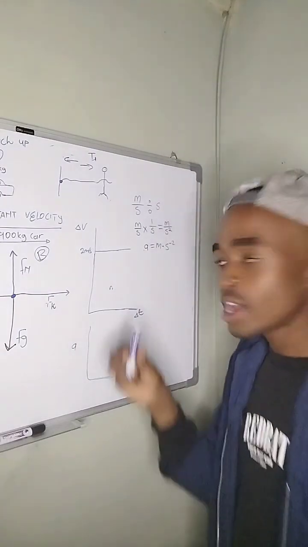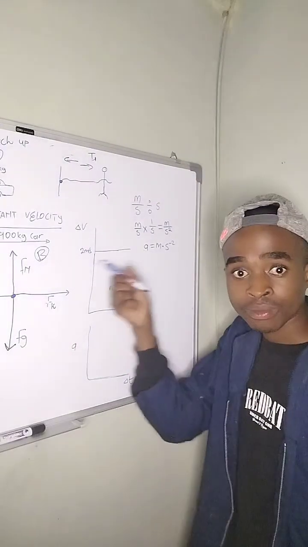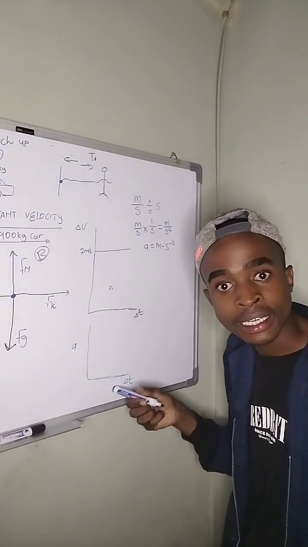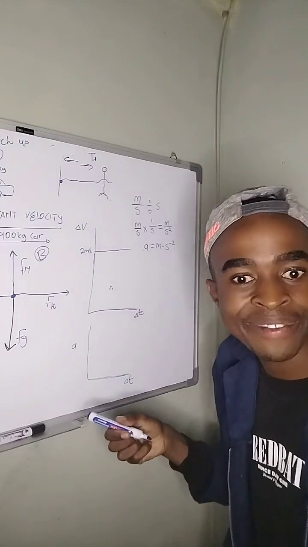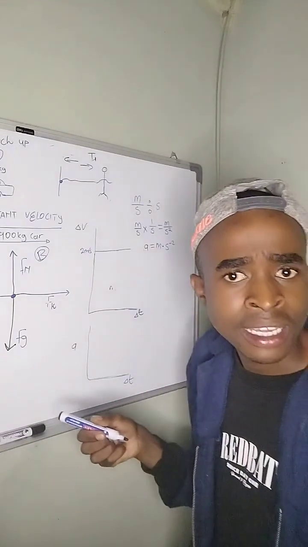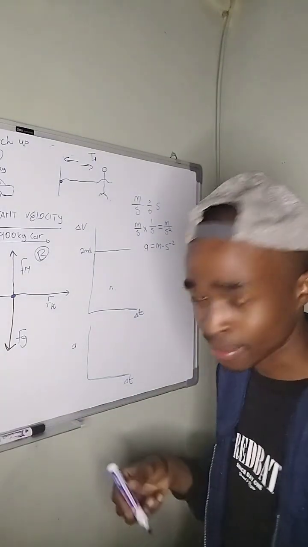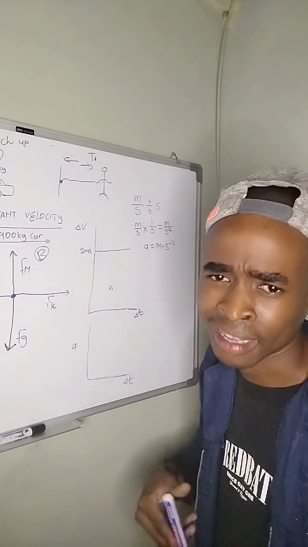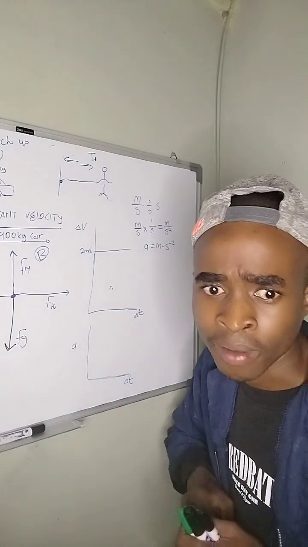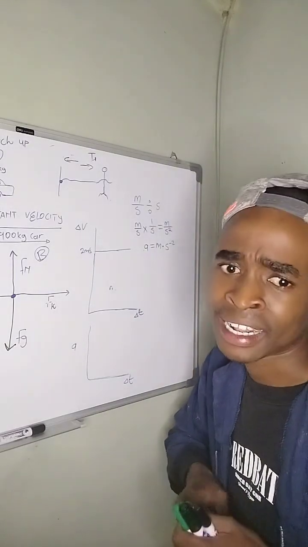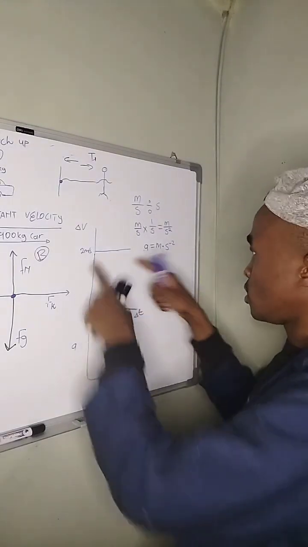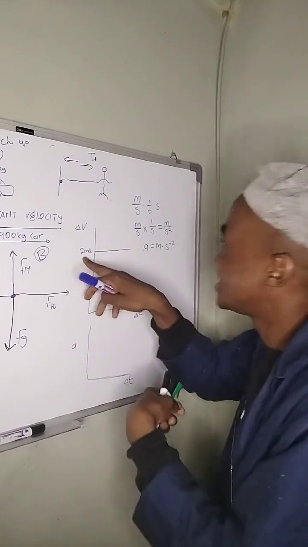Now, if we have constant velocity, then we have no acceleration, represented graphically. Can I get a thumbs up if I'm clear? Because this is constant velocity, v final minus v initial: as time goes by, it doesn't change.